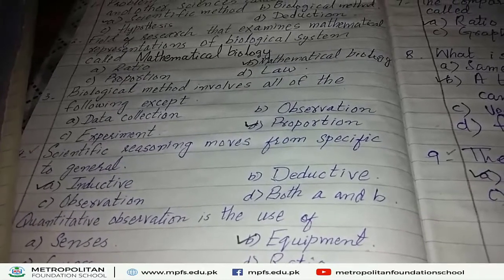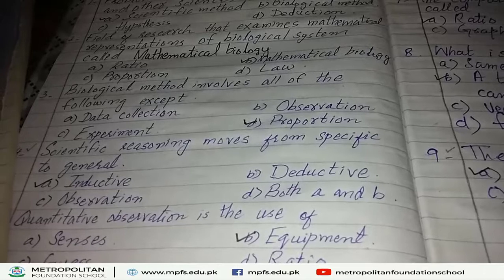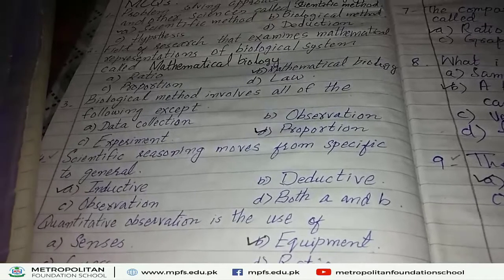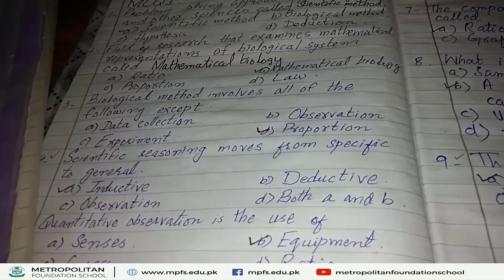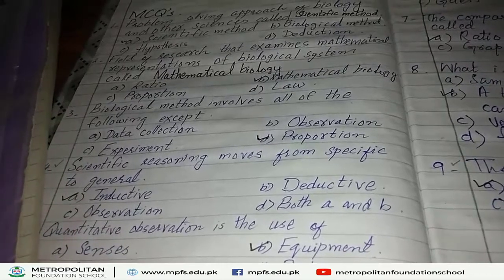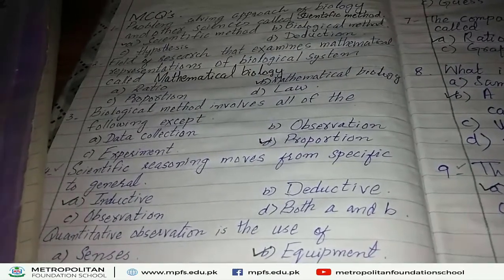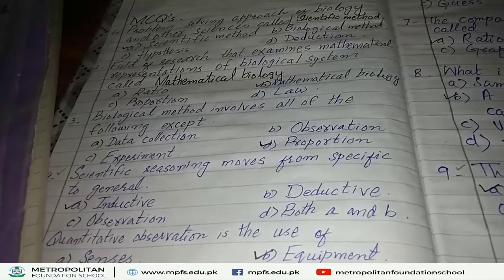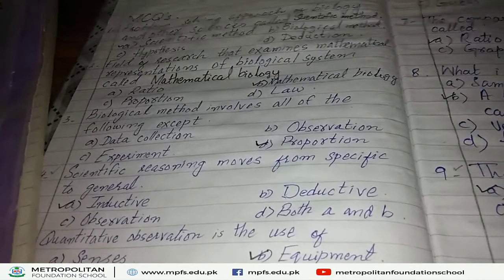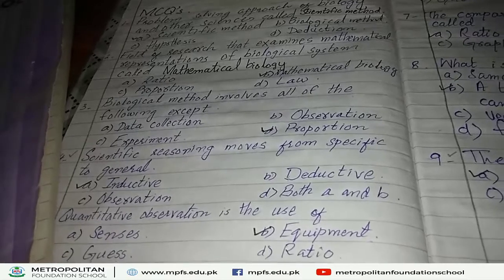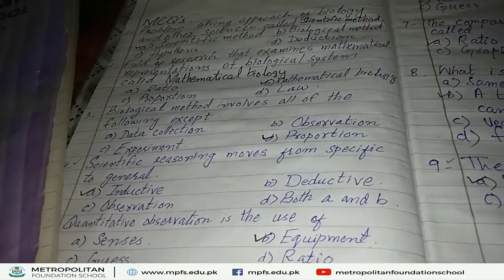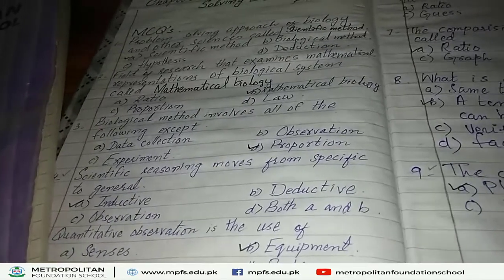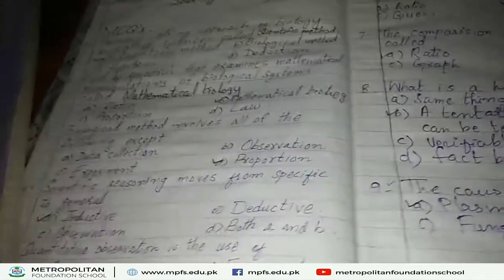And during this experiment which you conduct in the lab, you use different equipment such as flask, beaker, screw gauge. This is called equipment. And with the help of equipment, observation is made, that is called quantitative observation. Okay, so the correct option is option B, equipment. Quantitative observation is found out with the help of equipment. Okay, now move next.